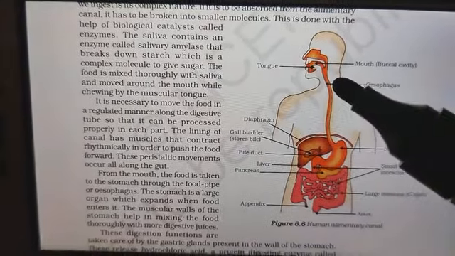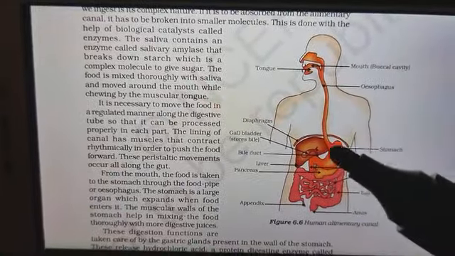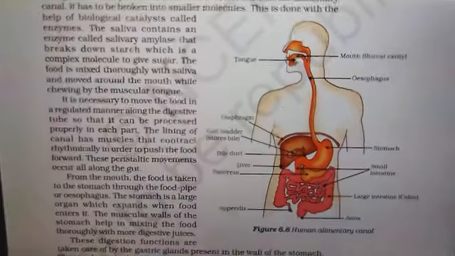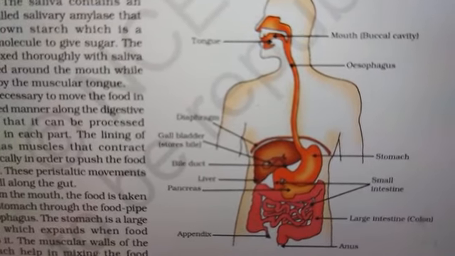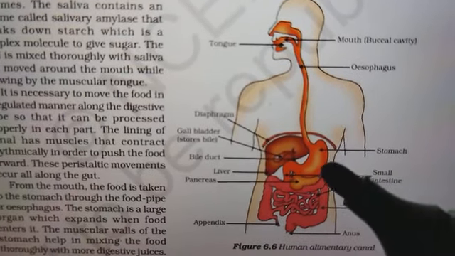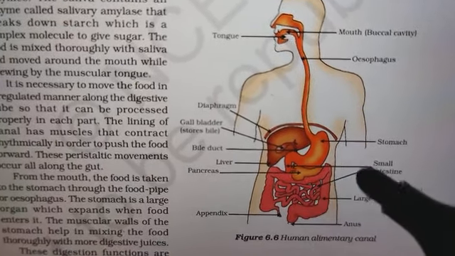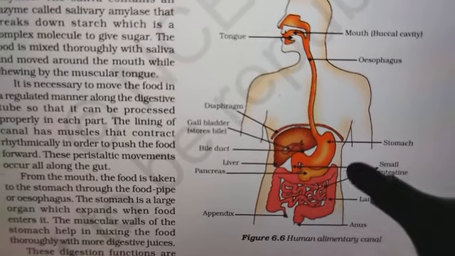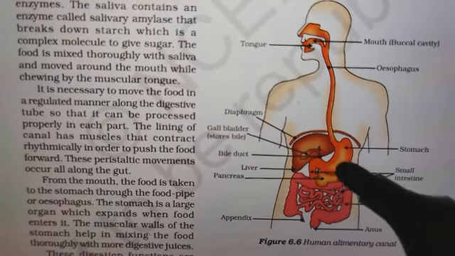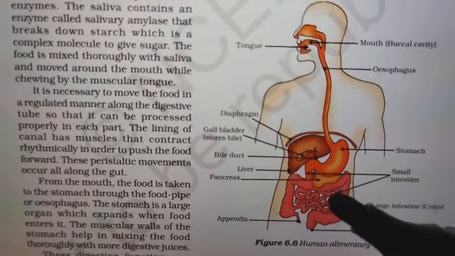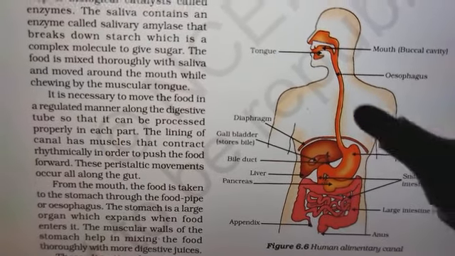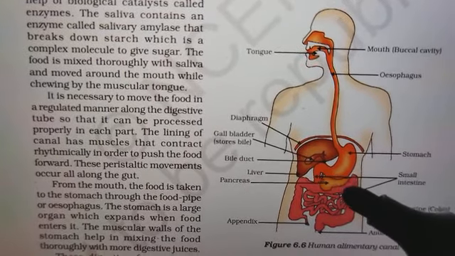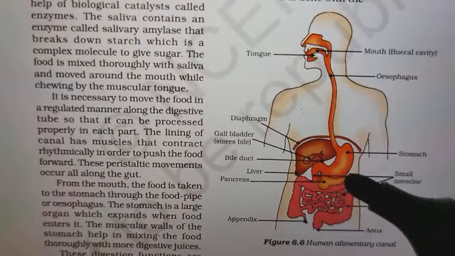Next, the mouth leads to a long tube-like structure known as the esophagus or food pipe. This esophagus joins with a J-shaped bag-like structure called the stomach. Here the liver is present and here the pancreas is present. So salivary glands, liver and pancreas are the associated glands of the human digestive system.